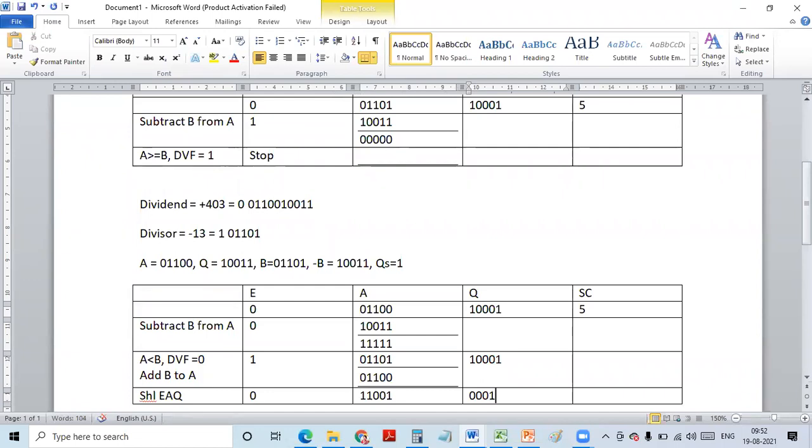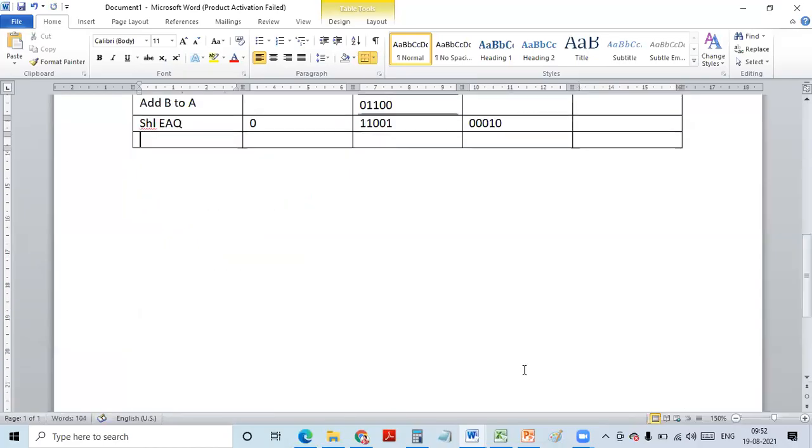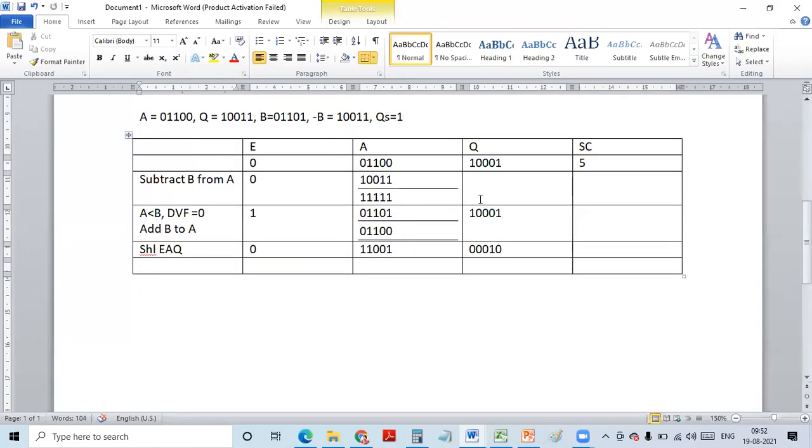This is QN. QN is initially 0, right? This is the first most significant bit of your quotient. We are assuming it to be 0 initially. After shifting, Q is 10011. In the dividend, the last 5 bits are 1, 1, 1.